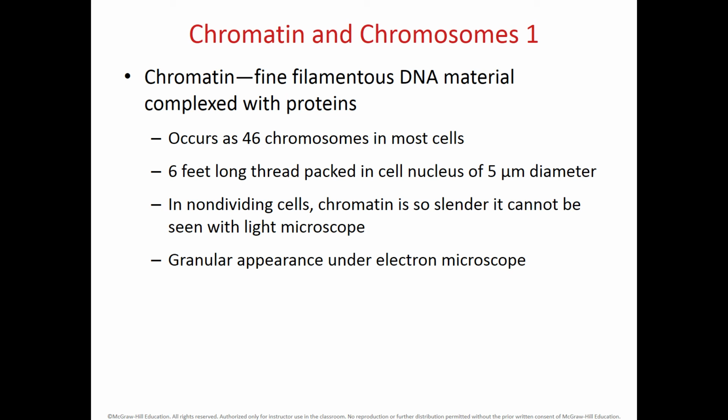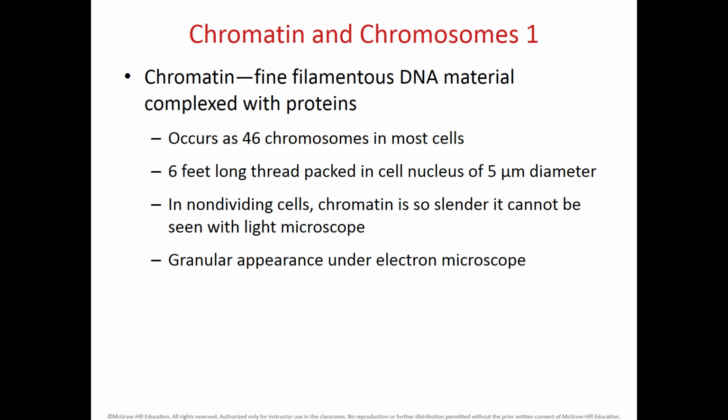And if you elongate the DNA material from a single chromosome, you will have 6 feet of DNA that is packed in the cell nucleus of about 5 micrometers in diameter. Now, there are these cells that sometimes are non-dividing, in which the chromatin is so slender that you cannot see it with the aid of a microscope.